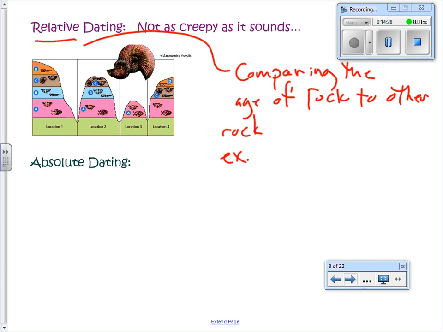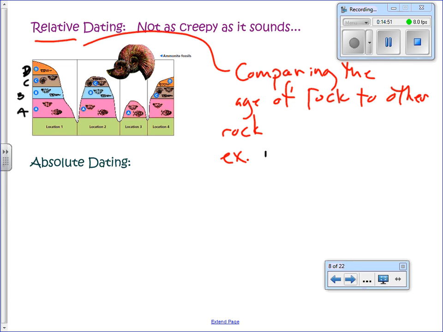It's hard to read, but this says A, B, C, D. So which layer is the newest? D. So that's relative dating, is that D is the youngest, and that B is older than C and younger than A. That is relative dating.